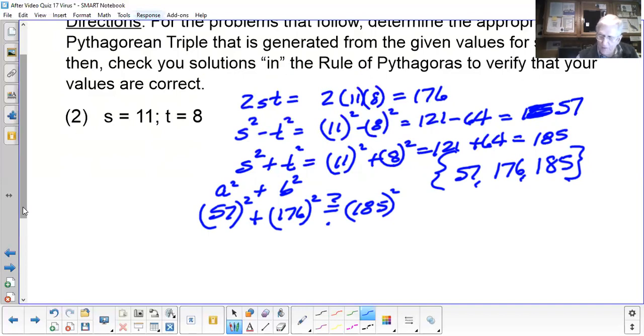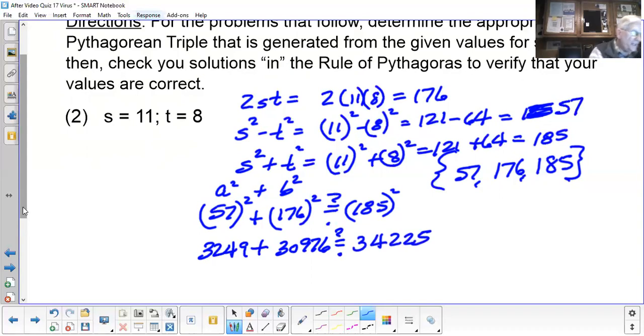When I do 57 squared on my calculator, I get 3249. When I do 176 on my calculator and square it, I get 30,976. And when I square 185 on my calculator, I obtain 34,225.